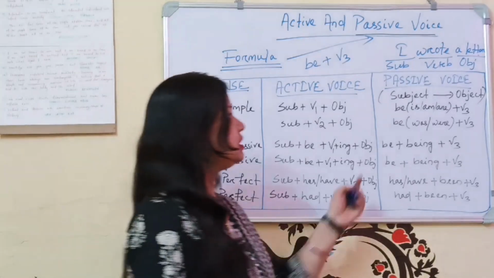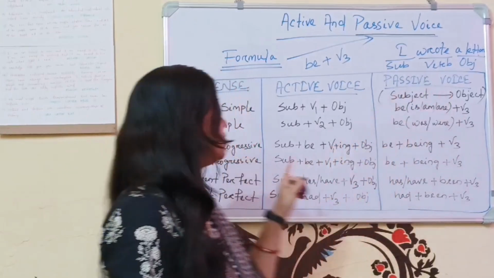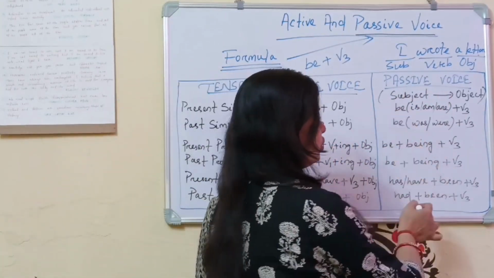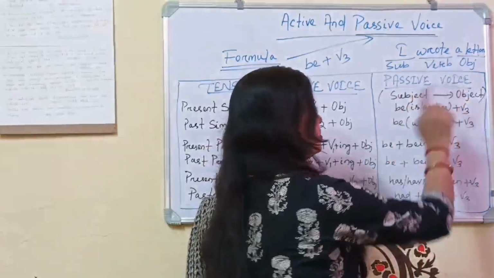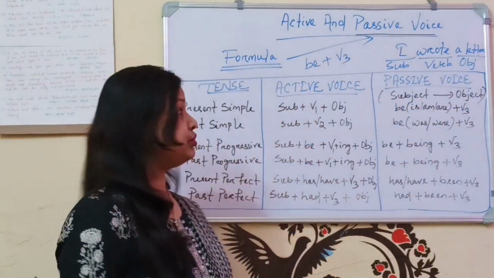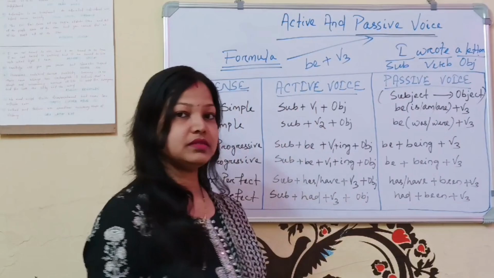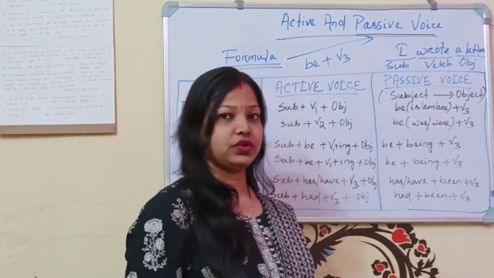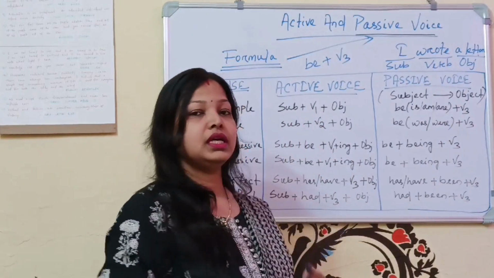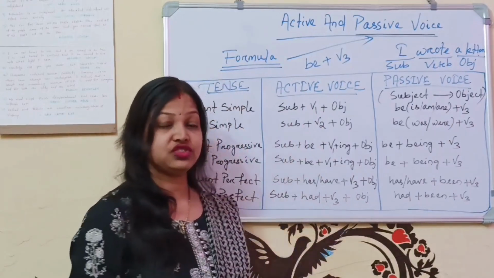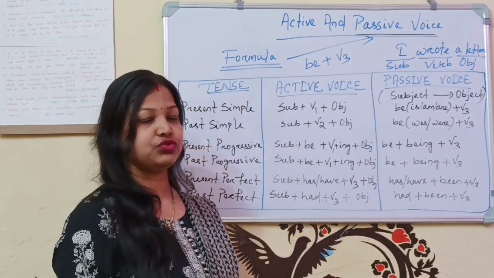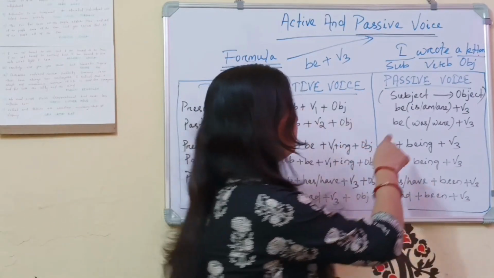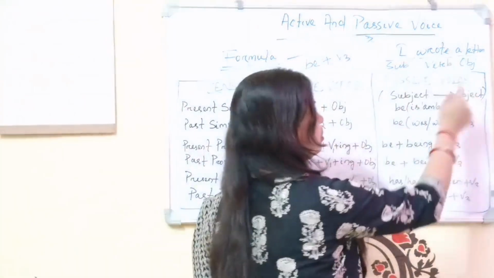After that, see here what is the passive voice of present simple tense. In all the cases subject becomes object. In Hindi I am going to say: in a sentence, first see which is the subject, which is the object, and in which tense the verb is present. First you have to notice that. Okay, so here I have written subject changes to object.